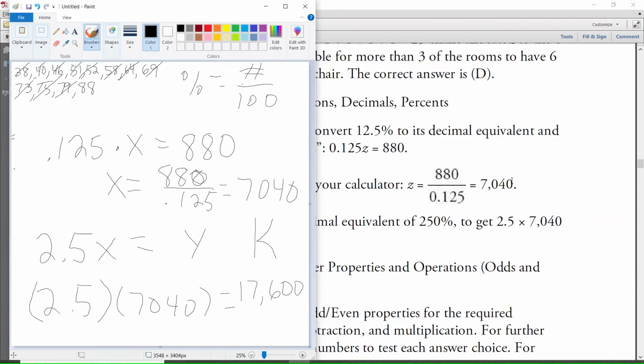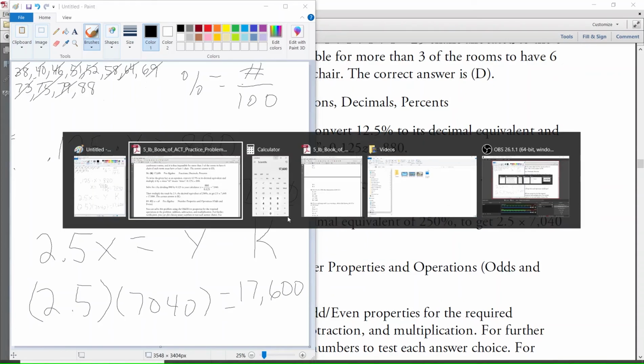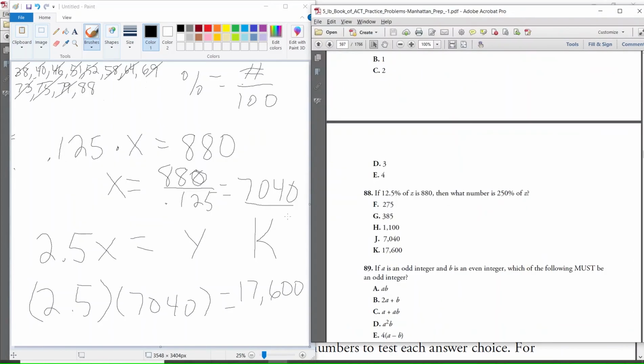Divide that by 100 if they're giving you the percent as a number, times whatever the original number was. In this case, we just called it X, equals 880. Then we were able to find what that original number is, which was 7,040. And then we multiply that by 2.5 for the new situation, because it asked what is 250% of the same number.